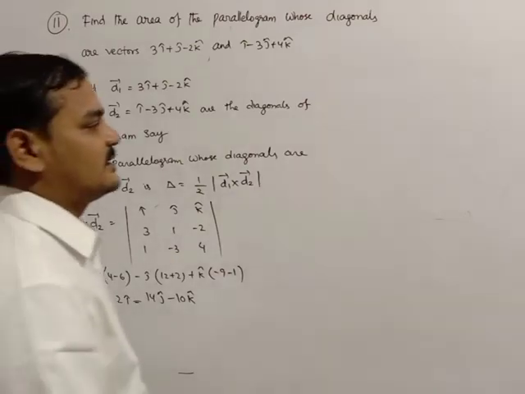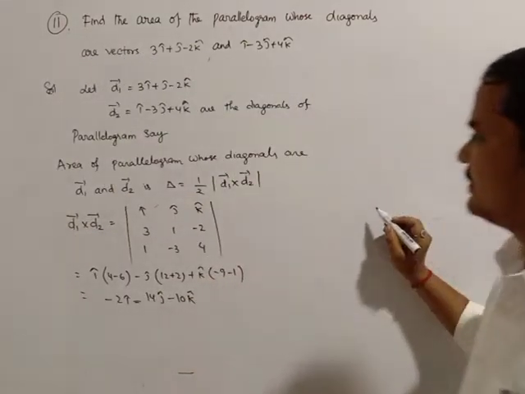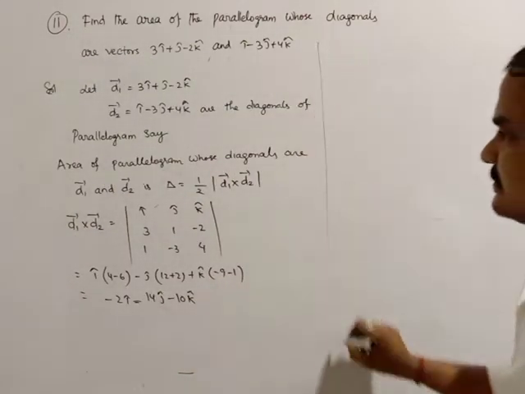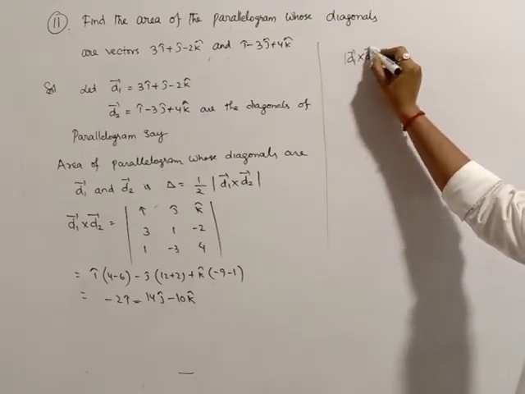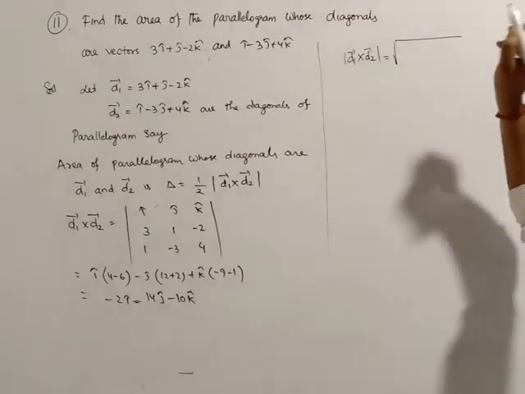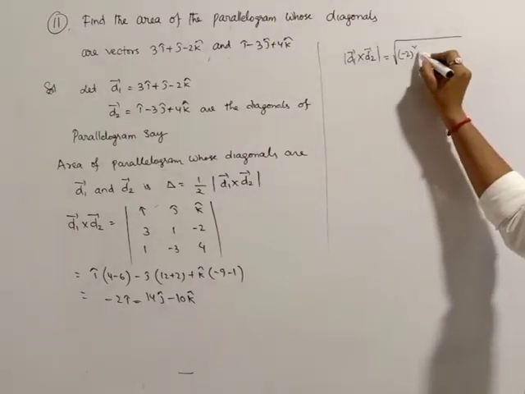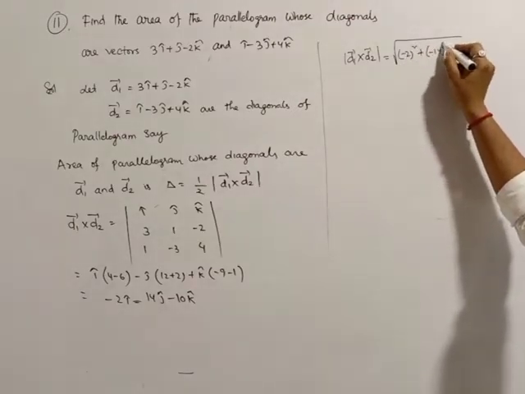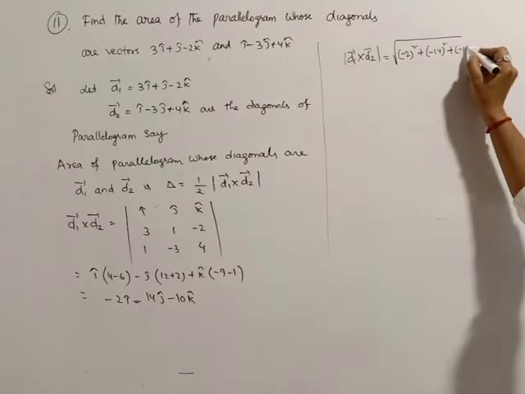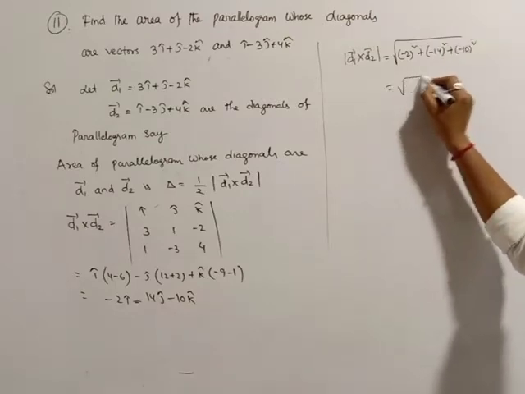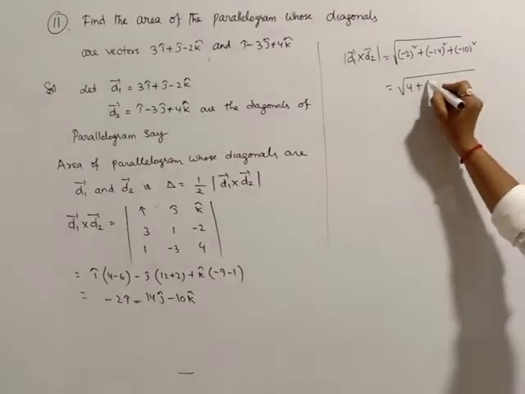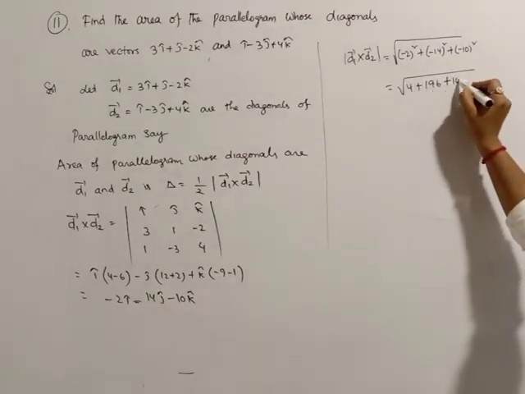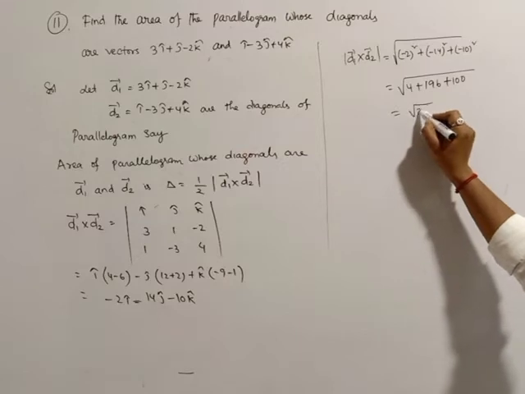Now the magnitude of d1 bar cross d2 bar is the square root of minus 2 squared plus minus 14 squared plus minus 10 squared. That is root over 4 plus 196 plus 100, that is root 300.